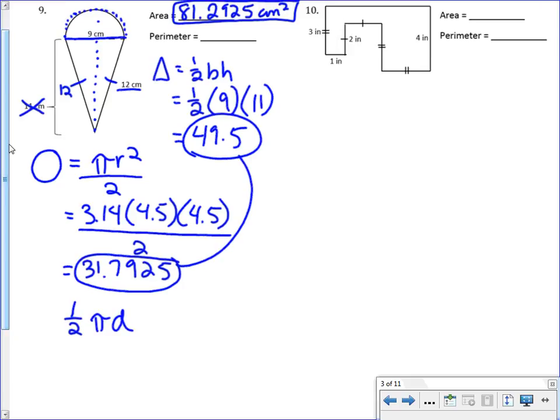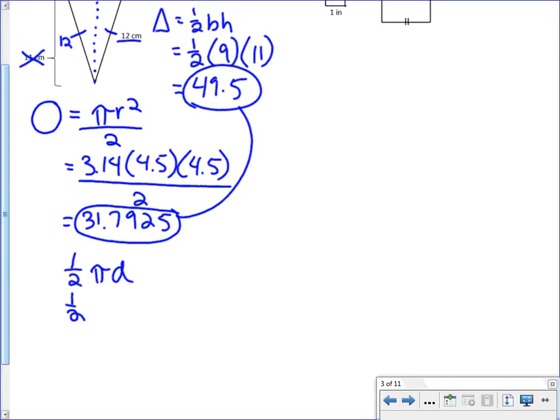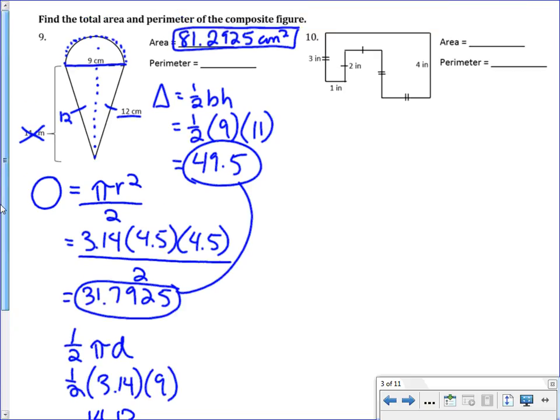So my diameter is 9. I'm going to do half times 3.14 times 9. And when I do that math, we wind up with 14.13. So I wrote it right up here, 14.13. And now I'm adding 12, 12, and 14.13 to get my perimeter, which gives me 38.13 centimeters. And that's my perimeter there.